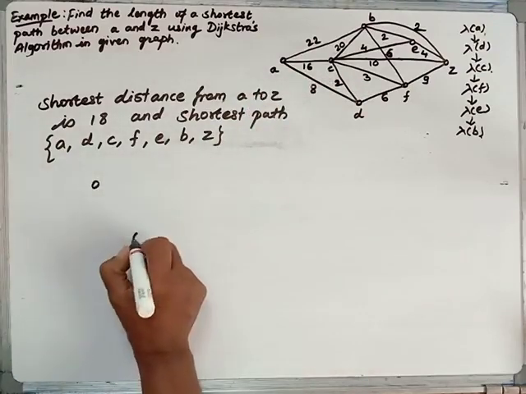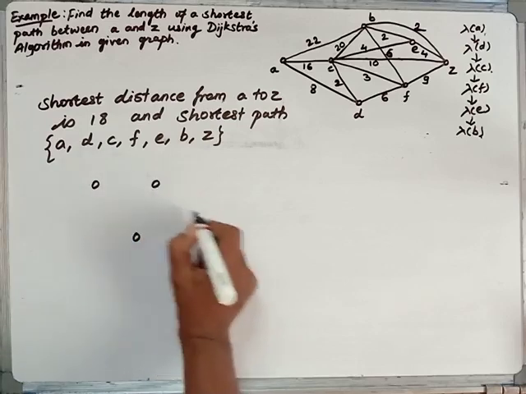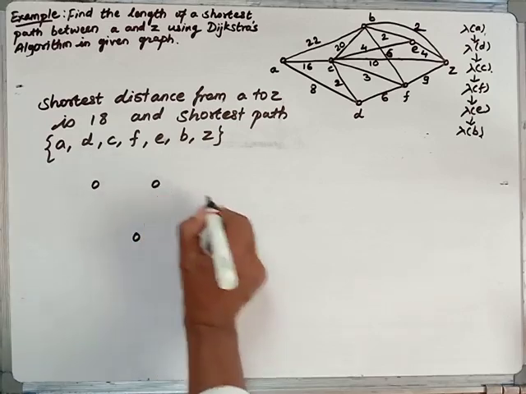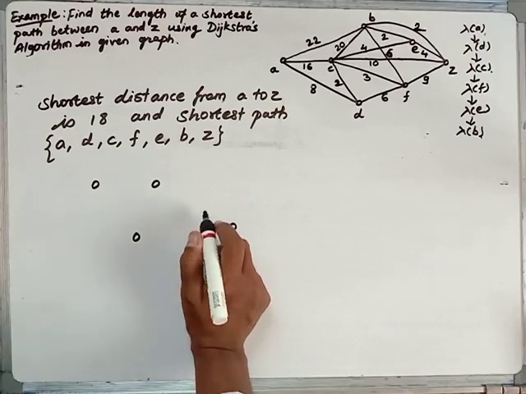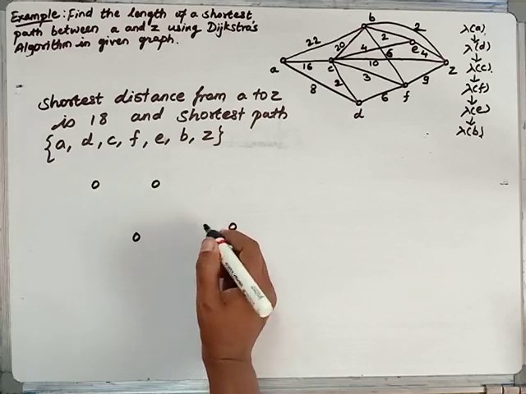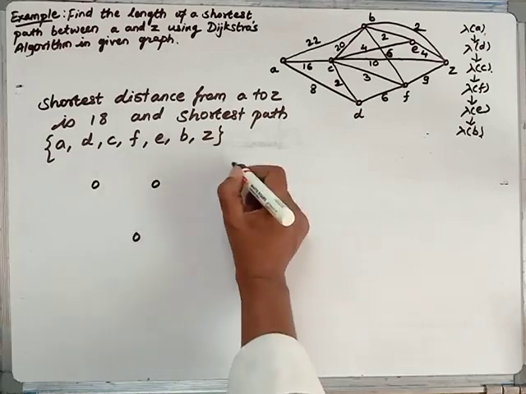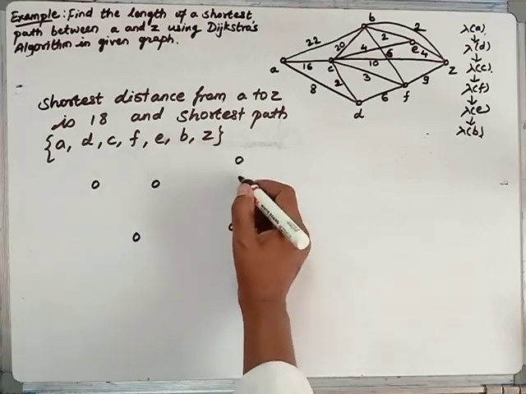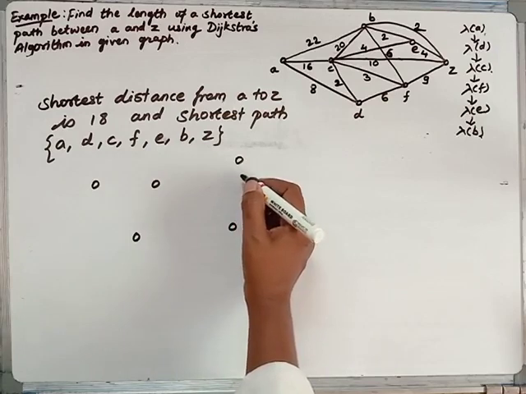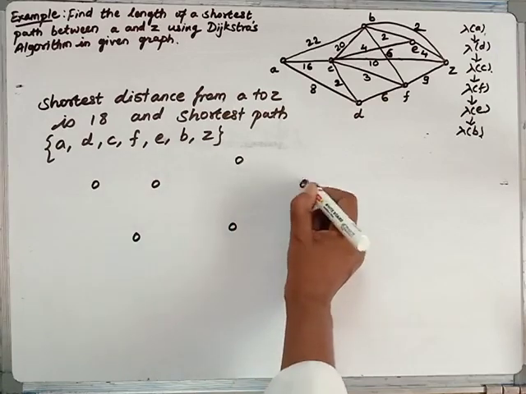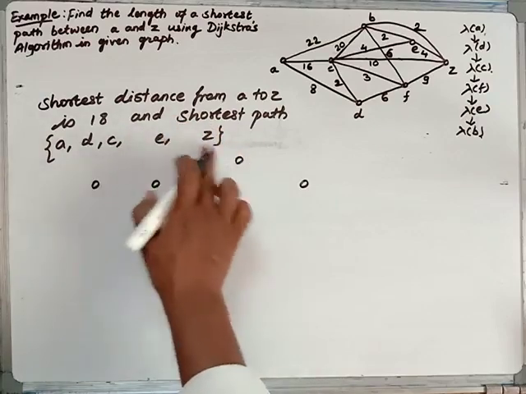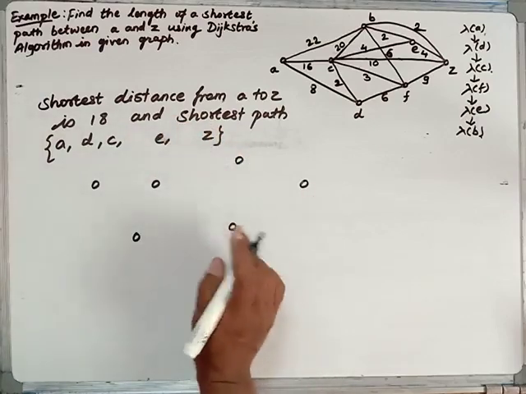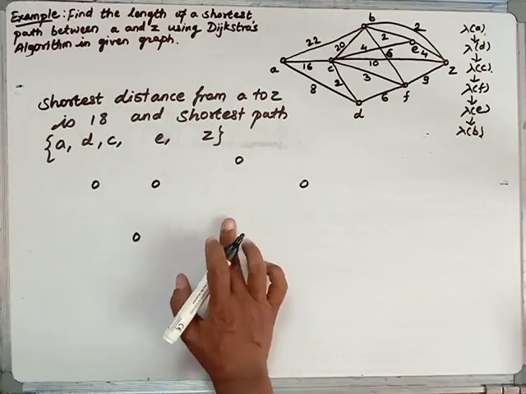A, here D, then C, then F will be here, right? Then E, then B and Z. So simply these ones, A, C, E, Z is that. We won't consider this F here.